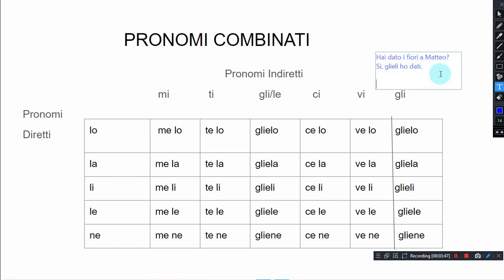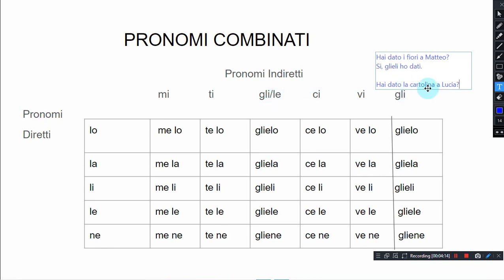Another example. Hai dato la cartolina a Lucia? So for Lucia, we should use this indirect pronoun, le.